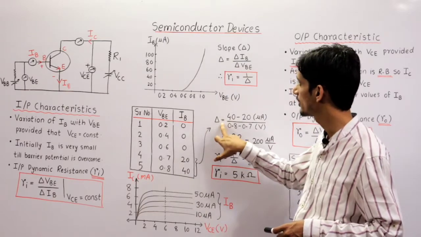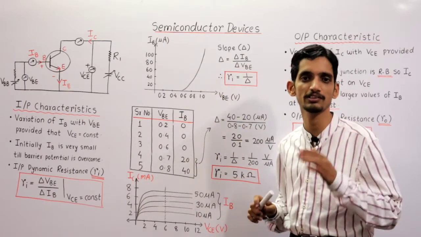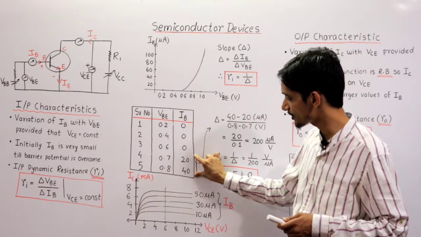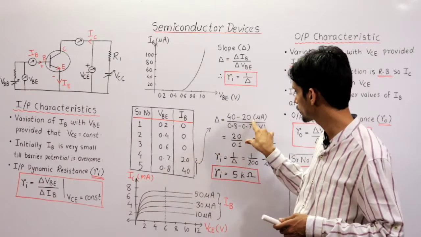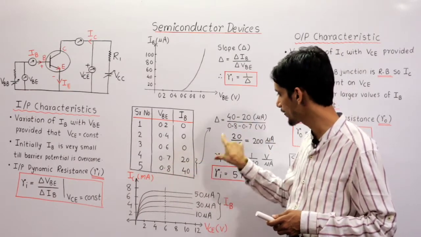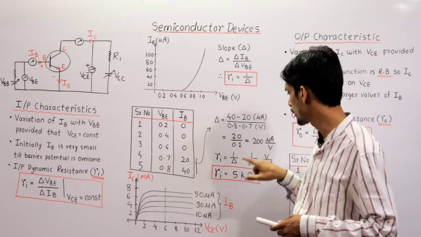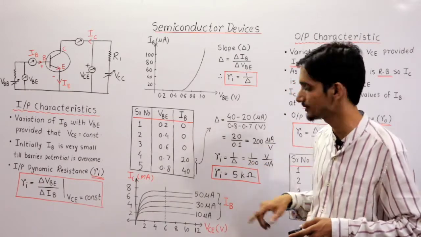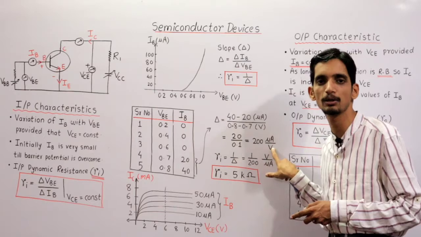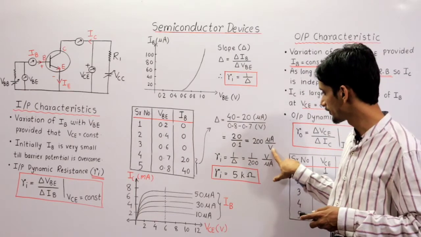Slope is change in y upon change in x. Change in y is the difference between these two: 40 minus 20, upon change in x, which is 0.8 minus 0.7. So the slope is 200 microampere per volt.